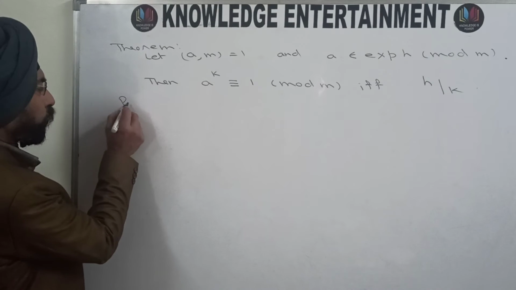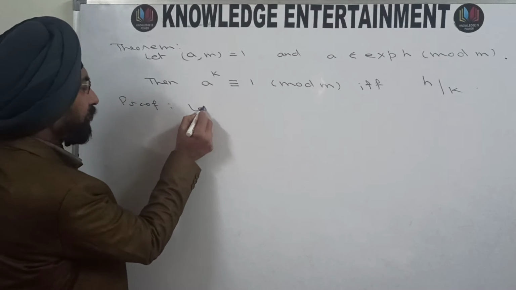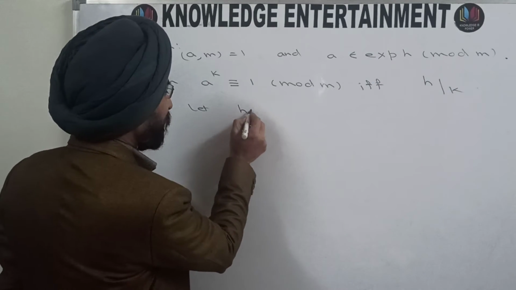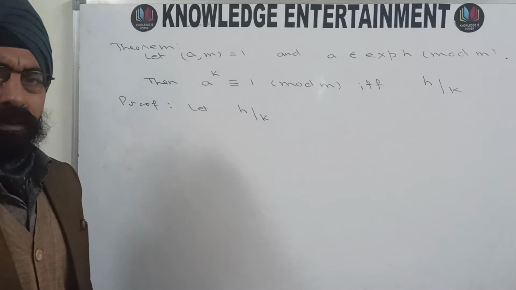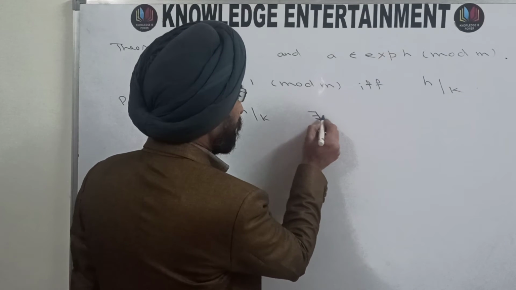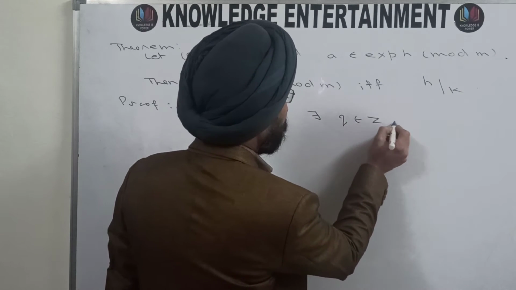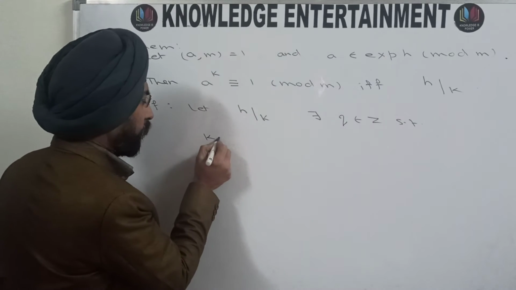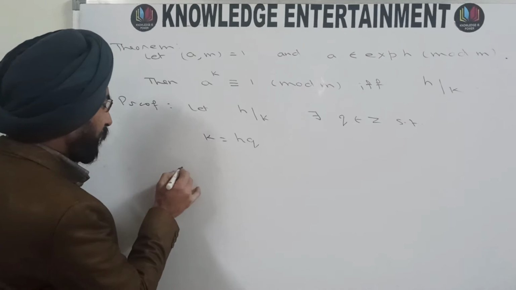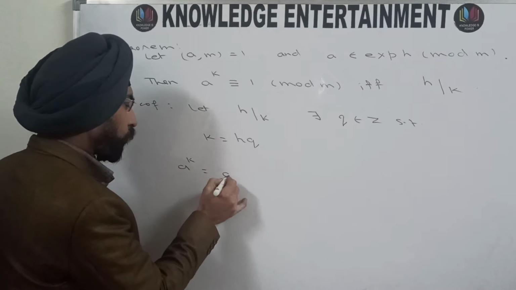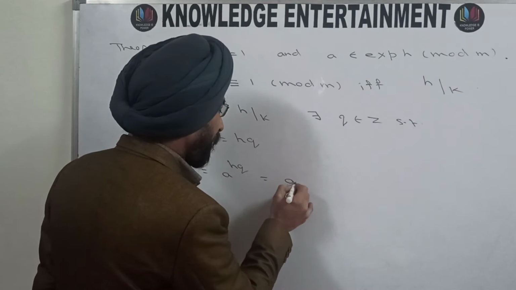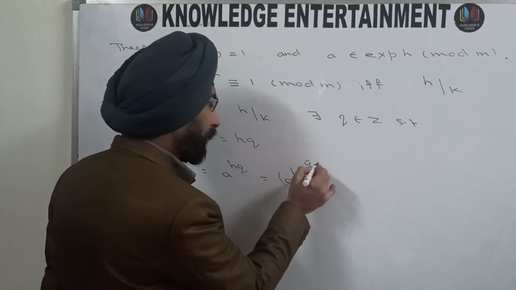So for the proof, let h divide k. By the definition of divisibility, if h divides k, there exists some integer q such that k is equal to hq. Now a raised to the power k is equal to a raised to the power hq, which can be written as a raised to the power h, raised to the power q.